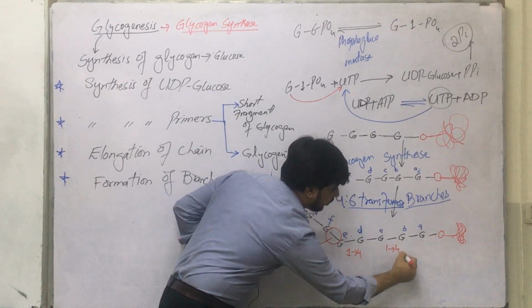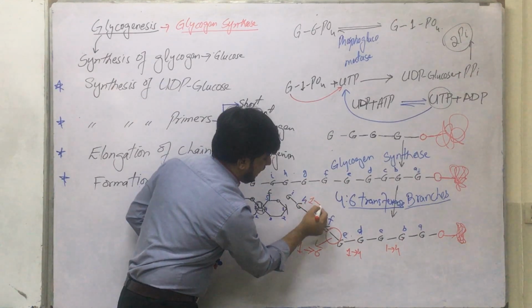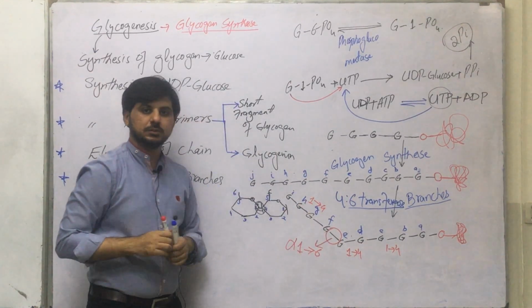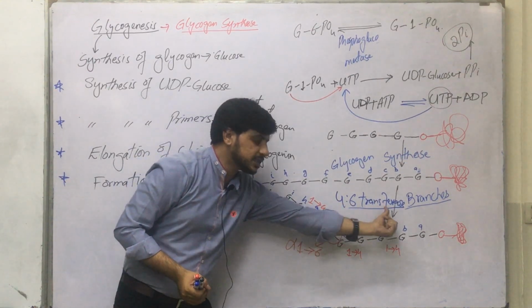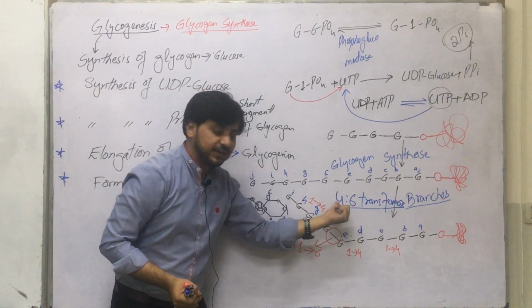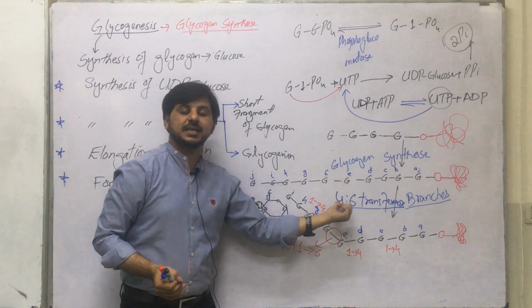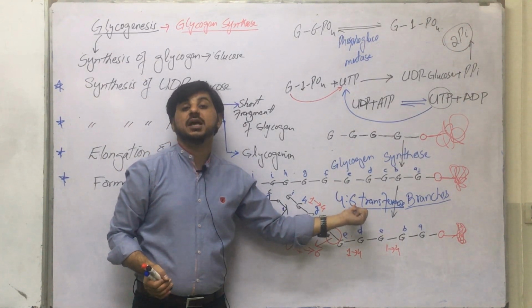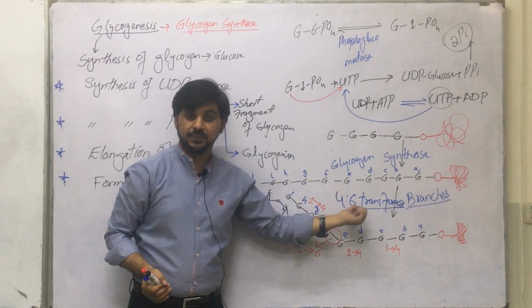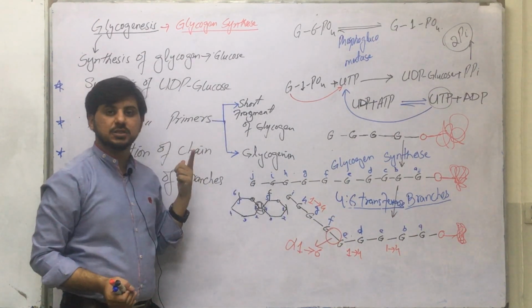But for the branching, with the help of 4,6 transferase, first of all the alpha 1,4 bond will break, and then there will be the formation of a new bond, which is the alpha 1,6 glycosidic linkage, and as a result we will have a branch.